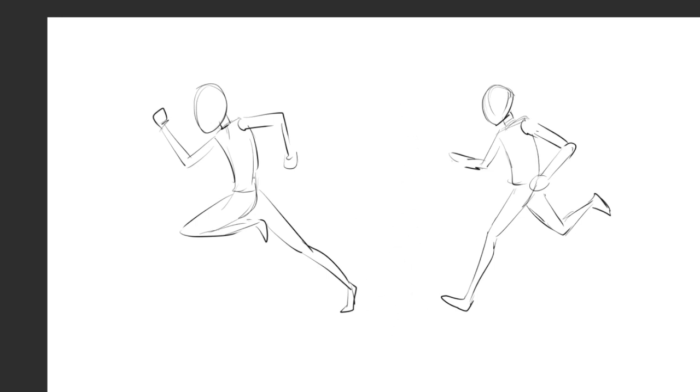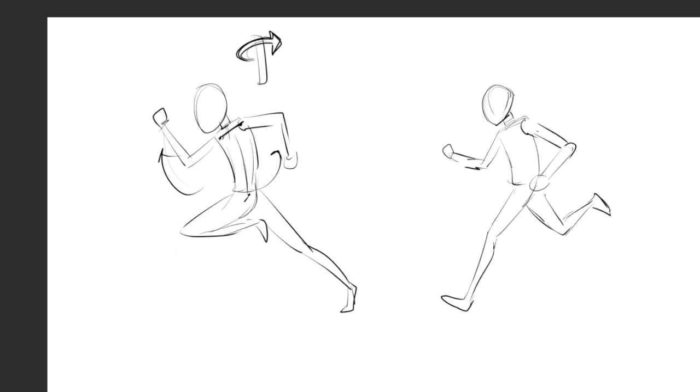You also have to take into consideration the rotation of the hips and spine. So as I said before, rotation of the hips is like this for running. The reason why they are rotated this way is because if you move your right hand forward and then your left hand back, you also notice that your shoulders move in this direction.